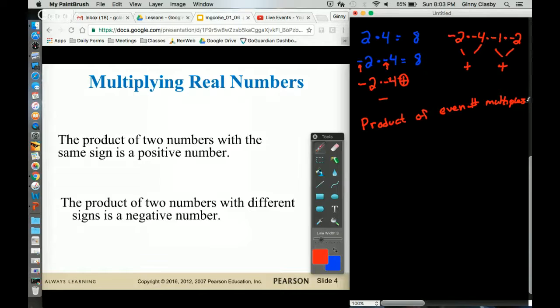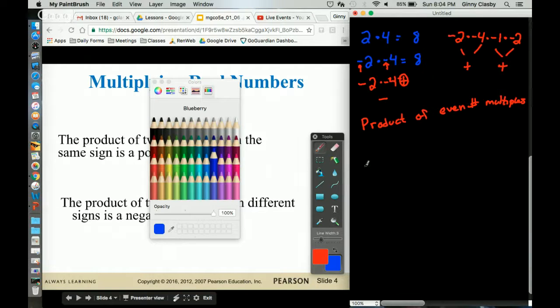All right, and again, what this is looking at down here is you're looking at the product of 2 numbers with different signs is going to be a negative. So this was just dealing with products with the same sign. Products with different sign is going to be a negative.